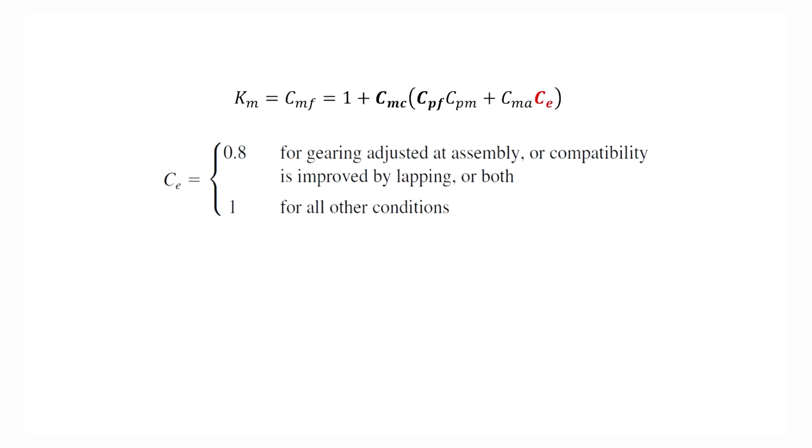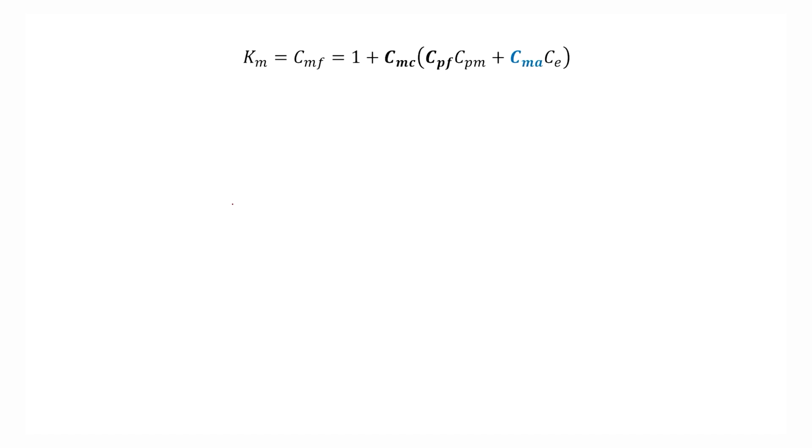So then the next factor is CE. CE is 0.8 or 1. 1 is for other types of cases, and 0.8 is for when the compatibility is improved by lapping or both. We are not certain about this, it is not given in the problem, and so we have taken 1.